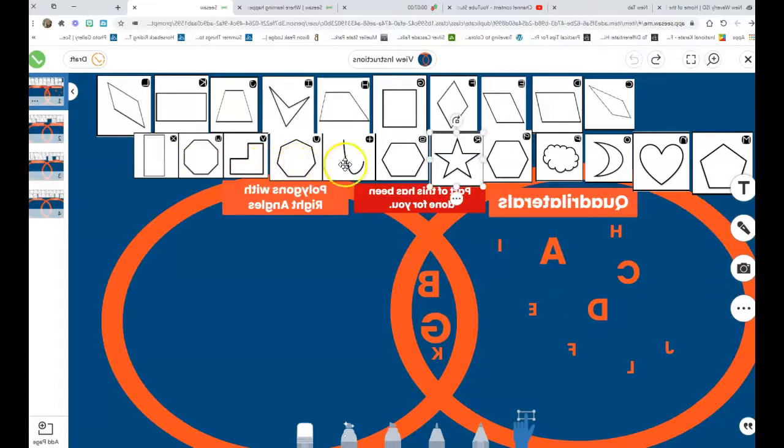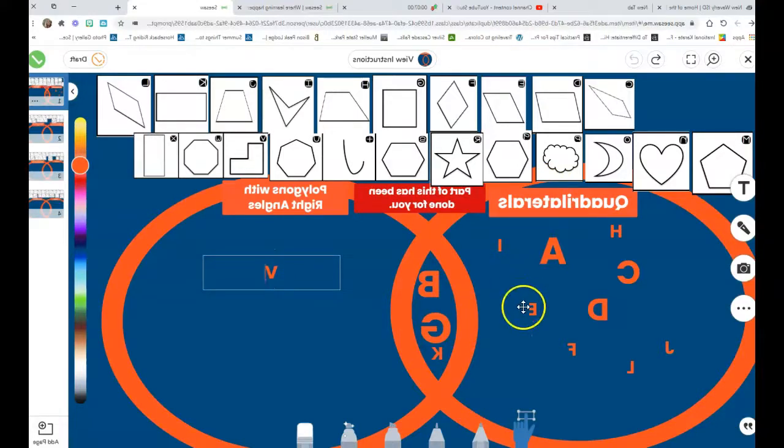What about R? No. S. T. U. V. Does it have a right angle? Yes. So V would be just on this side. It's a polygon and it has right angles, but it's not a quadrilateral. So it goes over here by itself.